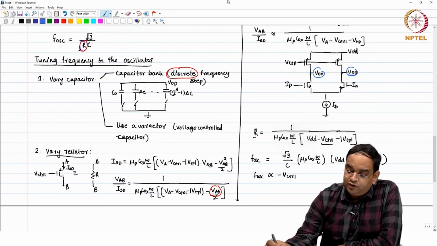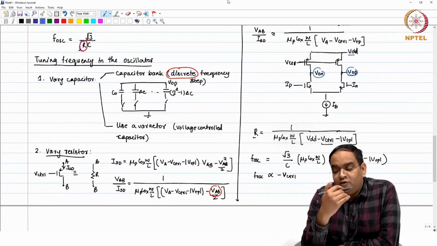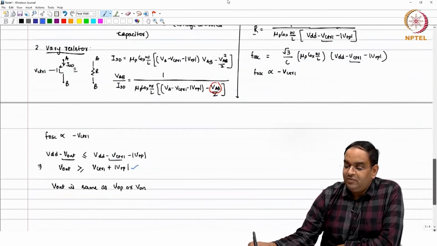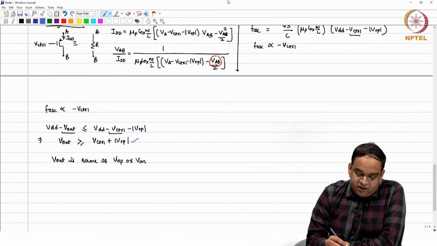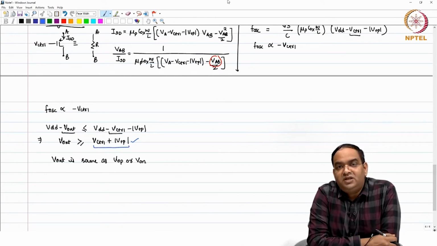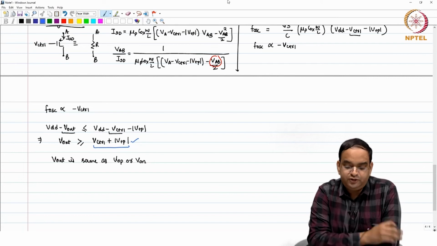One of the nodes goes to VDD and the other node swings down, which means whatever is the lower limit on your VOP and VON, that is going to limit your output swing. So, this particular voltage appears to be our limit for the output swing.